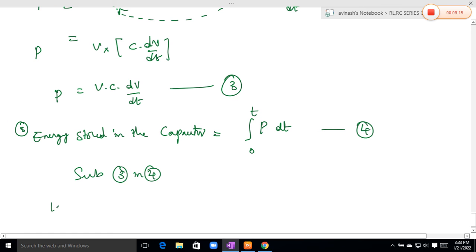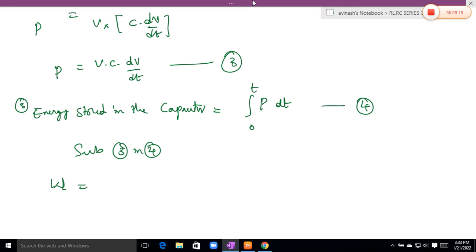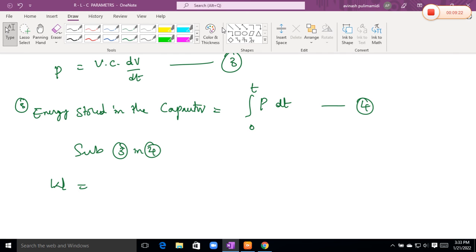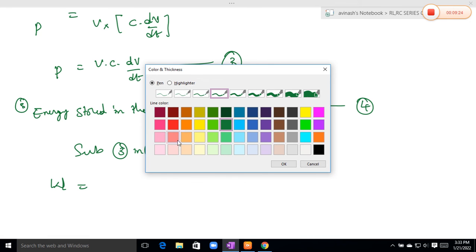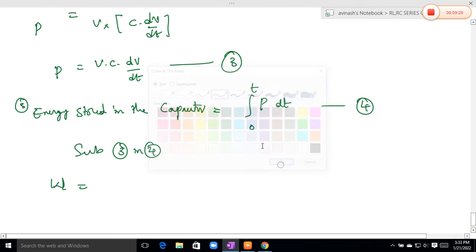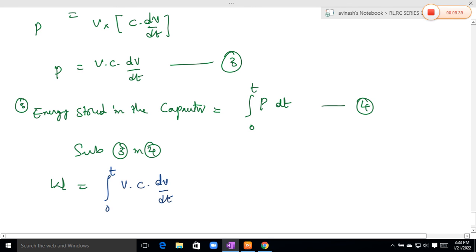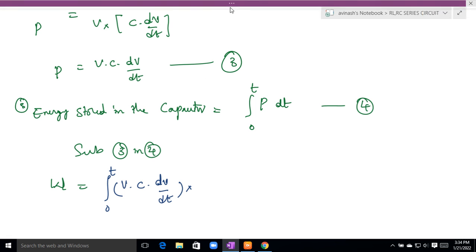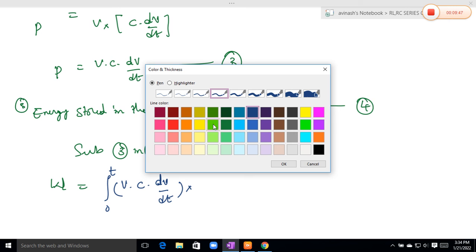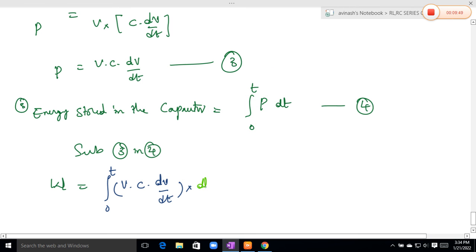Then energy is denoted by capital W. That implies energy is the integral over a period of time of power P, which is V into C into dV by dt, into dt.